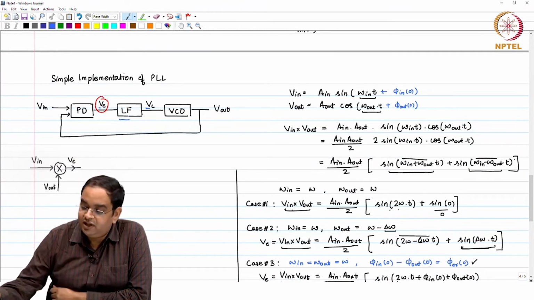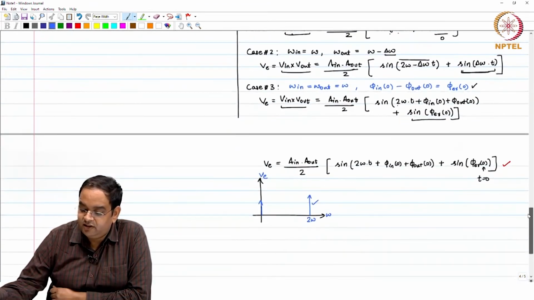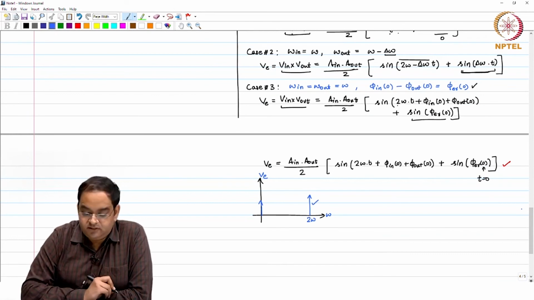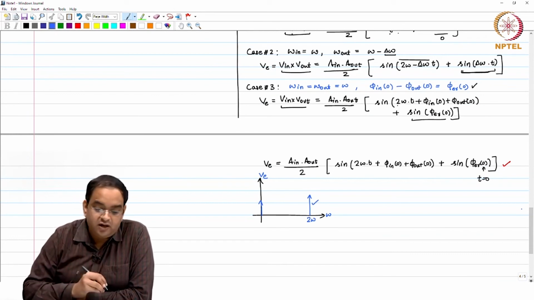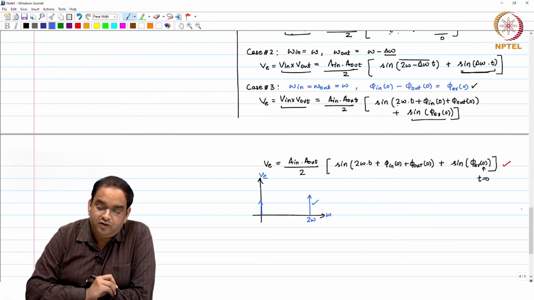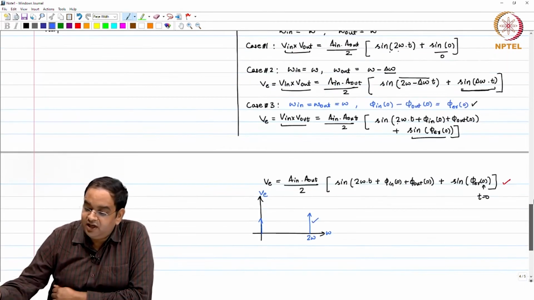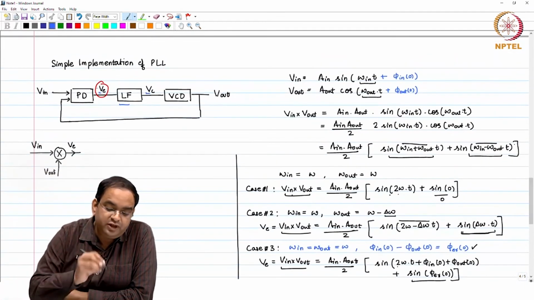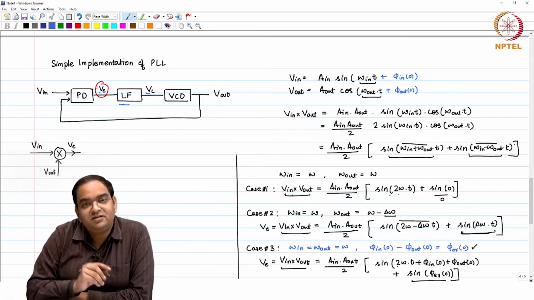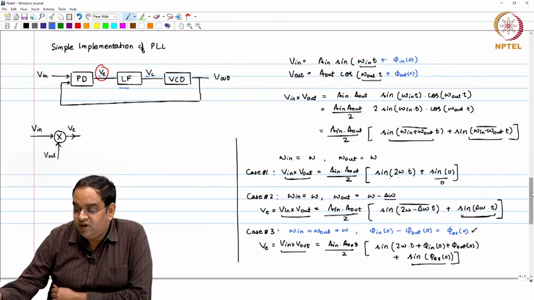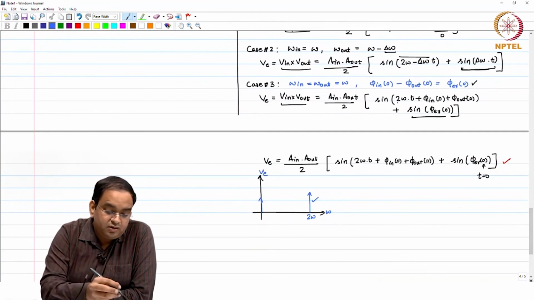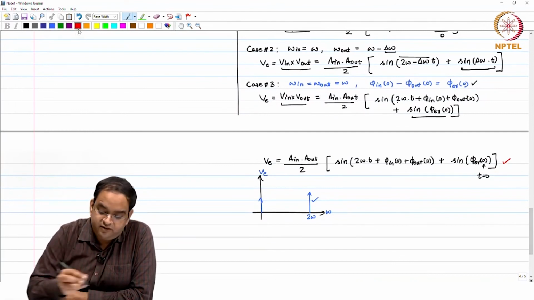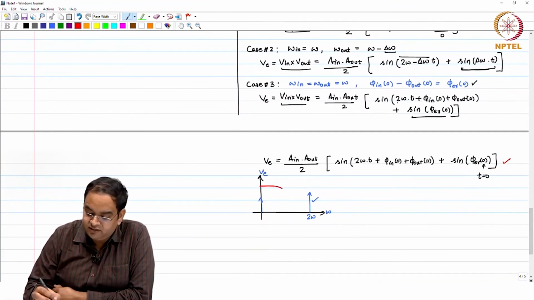The loop filter will help us in rejecting the 2 omega component. What did we see earlier, that the loop filter is a block whose input is a voltage, output is a voltage. So, it is an easy one. Loop filter is a block in general with a transfer function something like this.